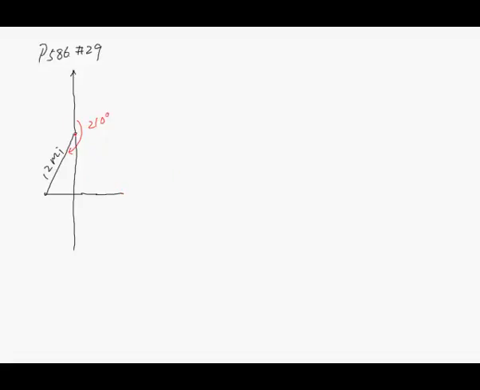So let's connect this point and this point. So now you still draw a ray pointing due north, and then the bearing of this ray here is equal to 310 degrees.